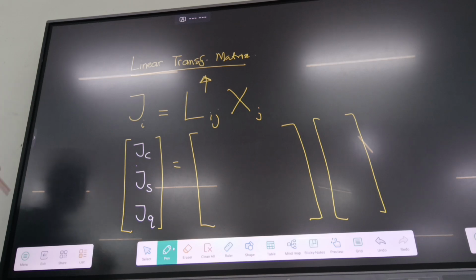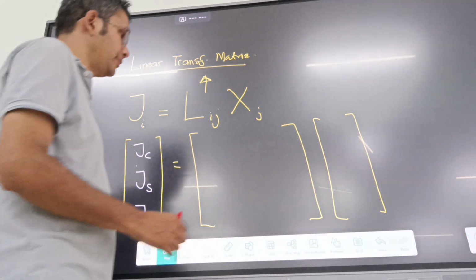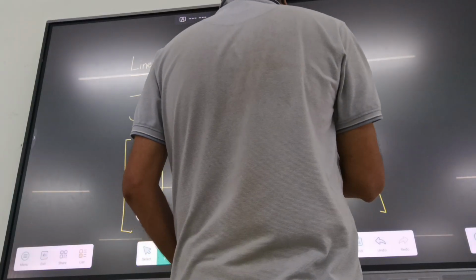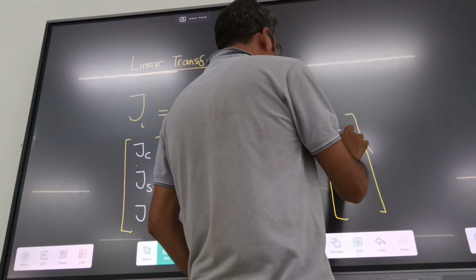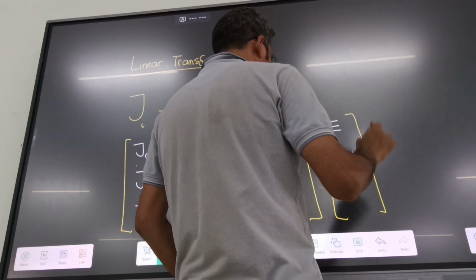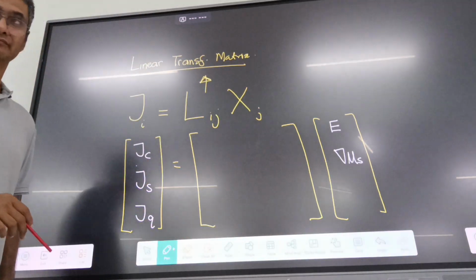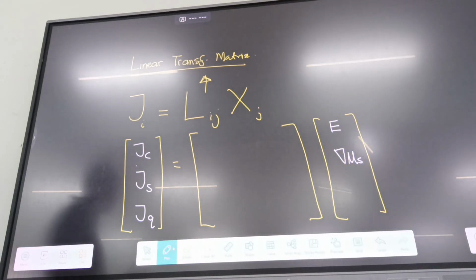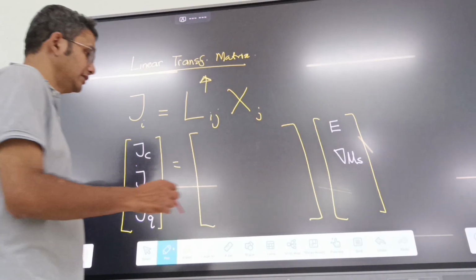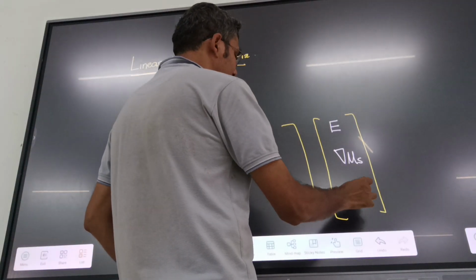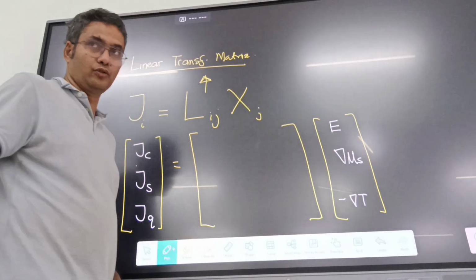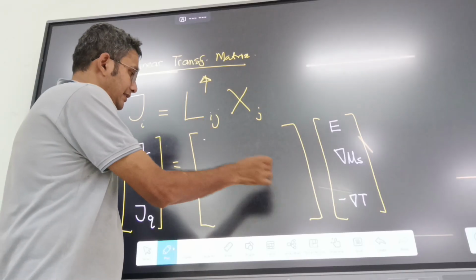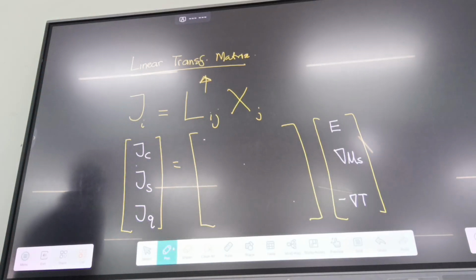Or the cause can be electric field, change in number of spins, gradient in the spin chemical potential, or it can be a temperature. Temperature minus है because temperature flows from higher to lower, इसलिए minus है. अच्छा, फिर ये जो यहाँ पे 9 components होंगे, ठीक है.